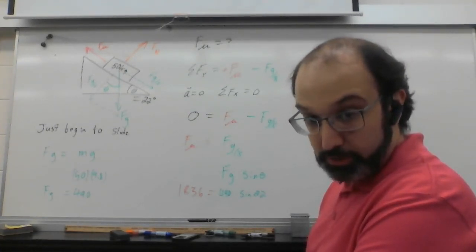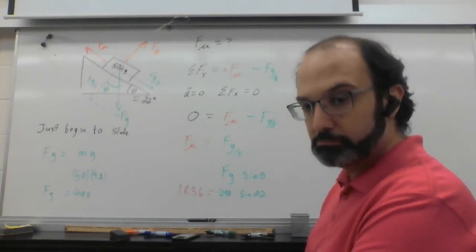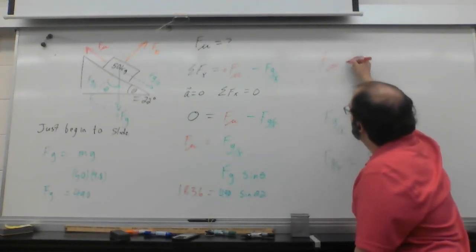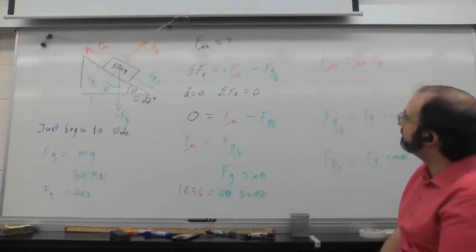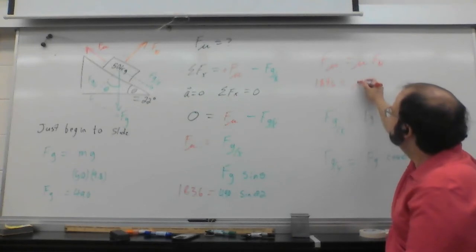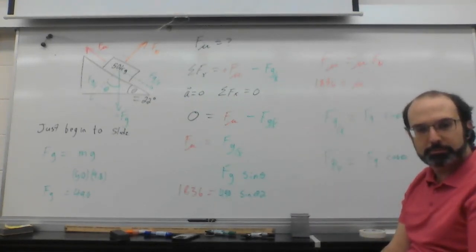So what's the coefficient of friction? How do we solve that? Well, we take out our trusty formula for friction, the only other formula in here, and we look at that and we go, okay, well, this is 183.6. This I don't know, Fn. What's Fn? Why, it's Fgy.